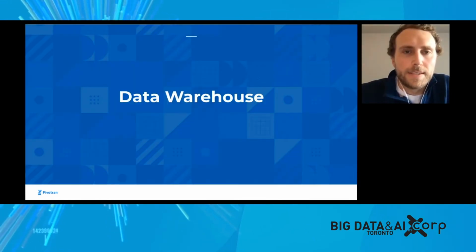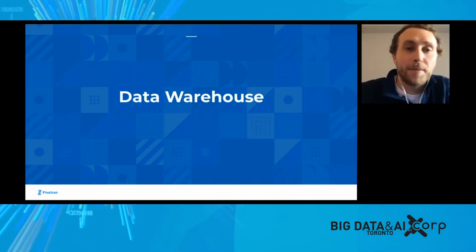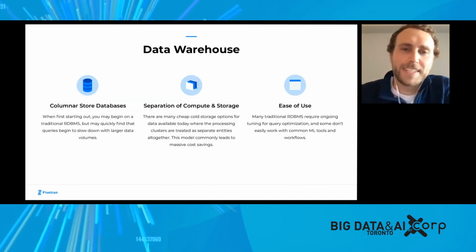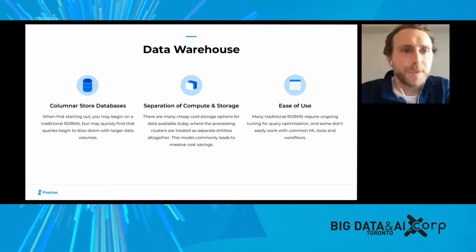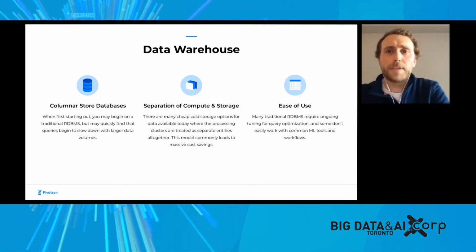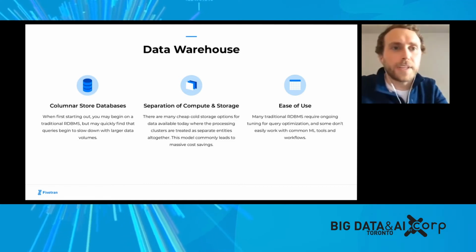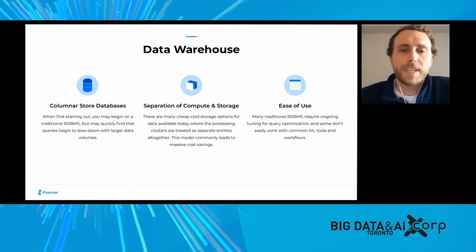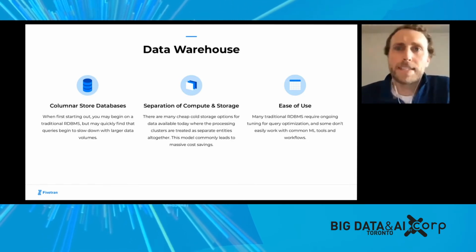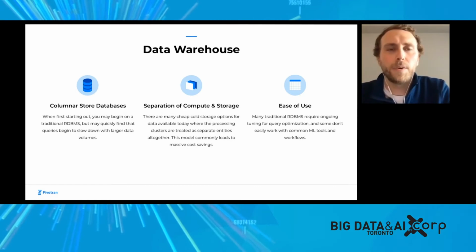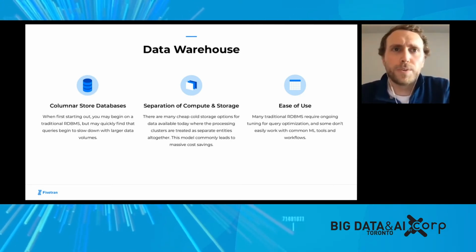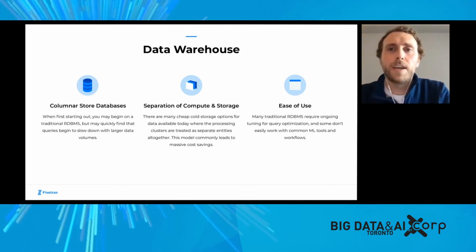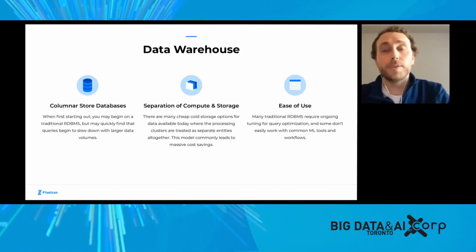So the next part of the cloud modern data stack is the data warehouse. Obviously we've talked about this pretty extensively so far during this presentation, but one thing we haven't talked about, at least directly, was columnar databases. These cloud data warehouses are column stores, as opposed to those classic databases that a lot of folks may have used, like OLTP row store databases that are great for lots and lots of incoming transactions, but not performant when it comes to analytical queries.